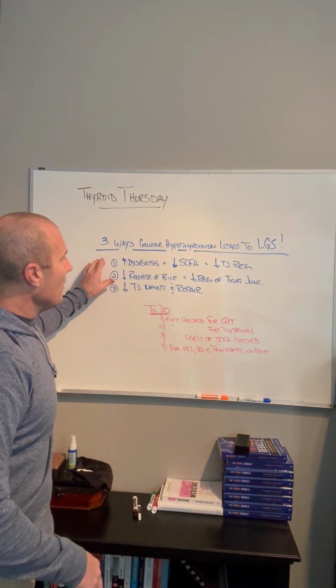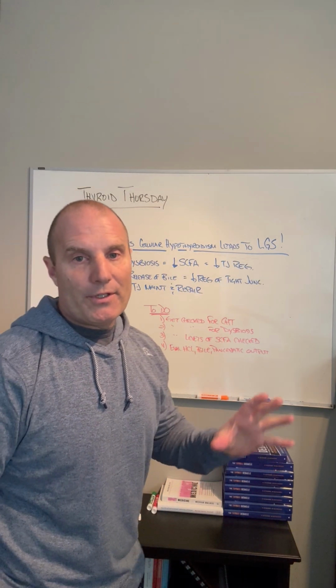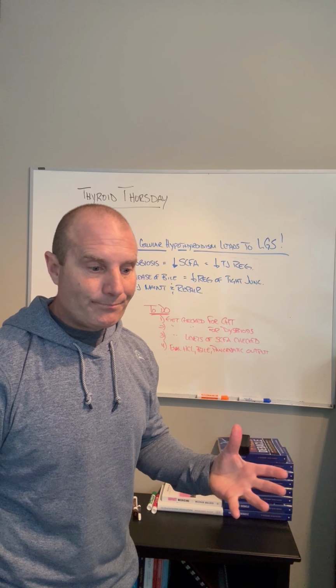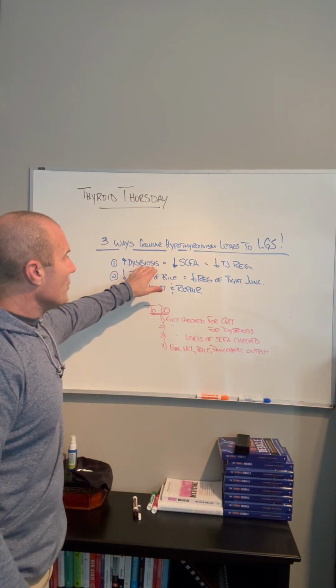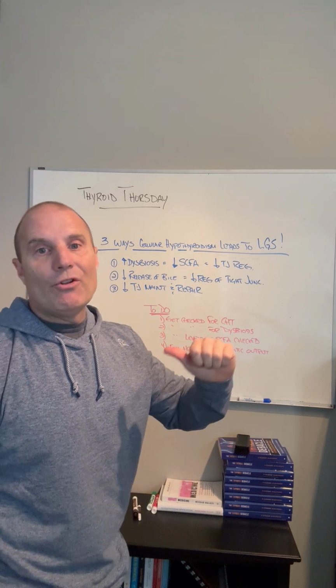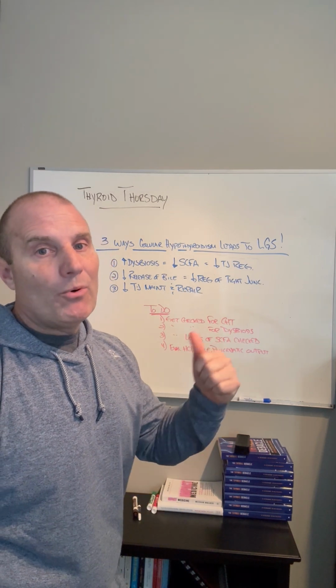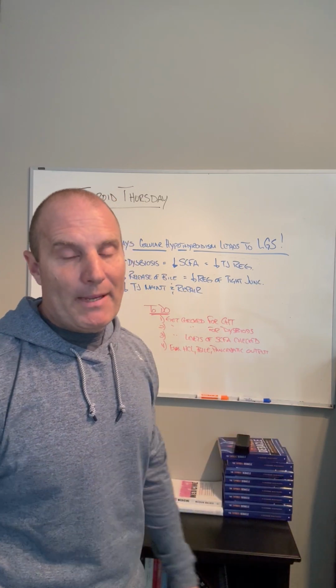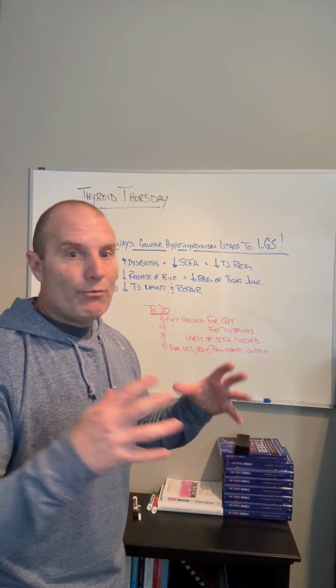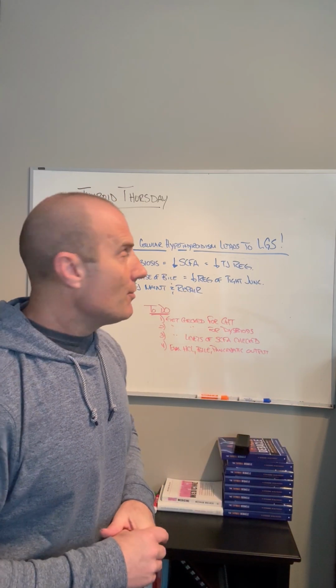So when there is lower levels of thyroid hormone, we call it hypothyroidism, that can result in low stomach acid production, low bile acid production, poor pancreatic enzyme production, poor release of bile and pancreatic enzymes through the sphincter of Oddi into the GI tract.